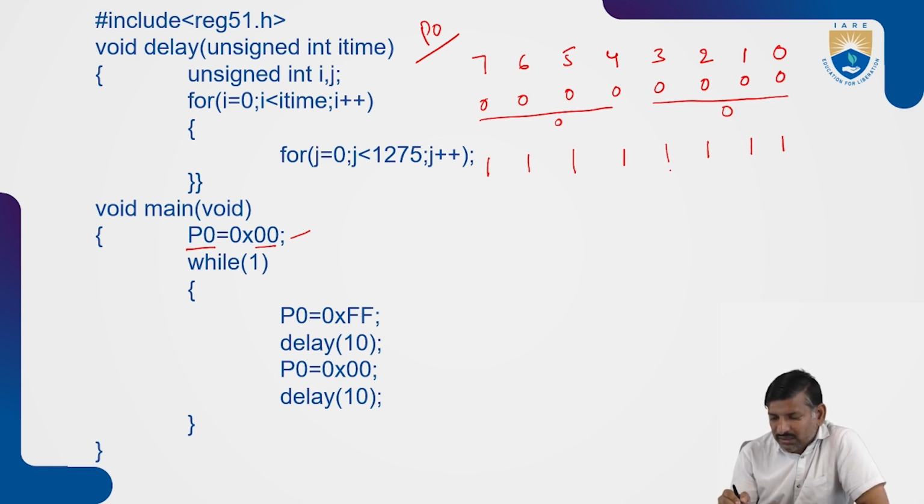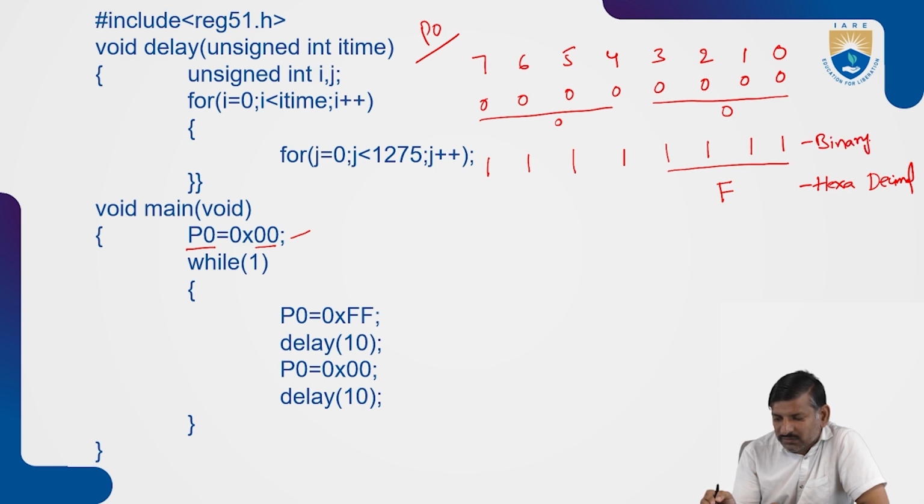What is the corresponding hexadecimal value? 4 ones in binary representation is, in hexadecimal, F. Again, the other 4 ones is F, so the value is 0xFF. Like this, I switch on all the LEDs.